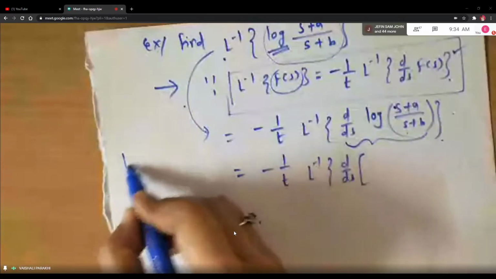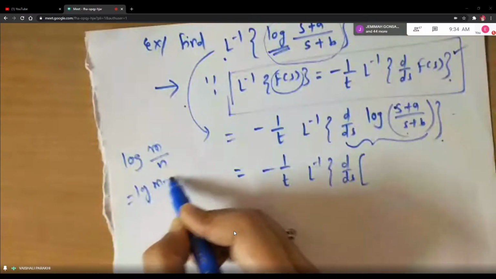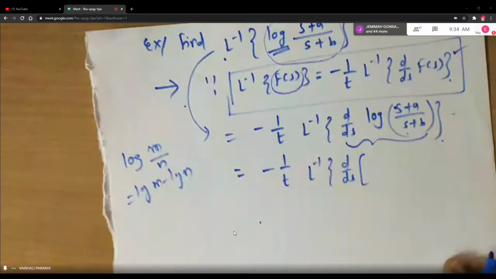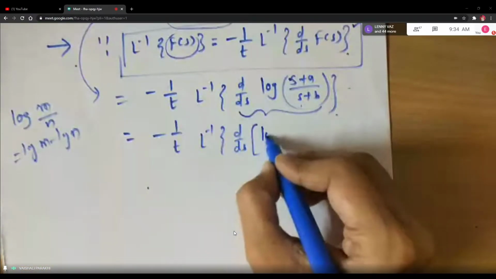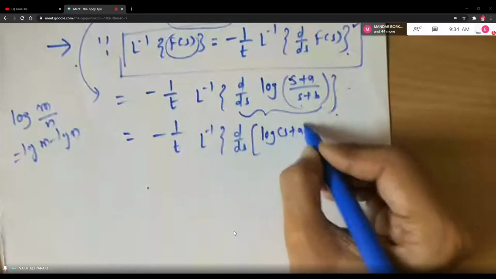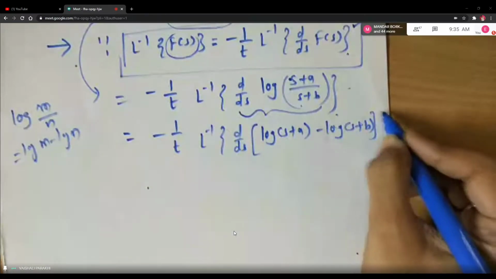Isn't it log of m minus log of n? Log of numerator minus log of denominator. So I can easily write this as log of numerator minus log of denominator.